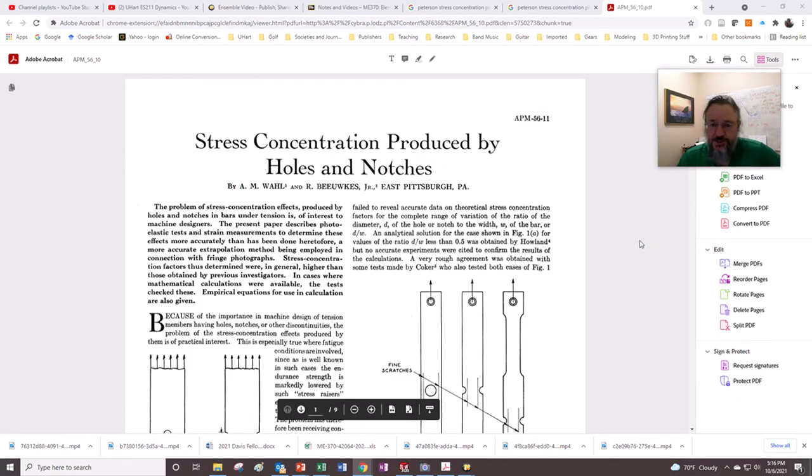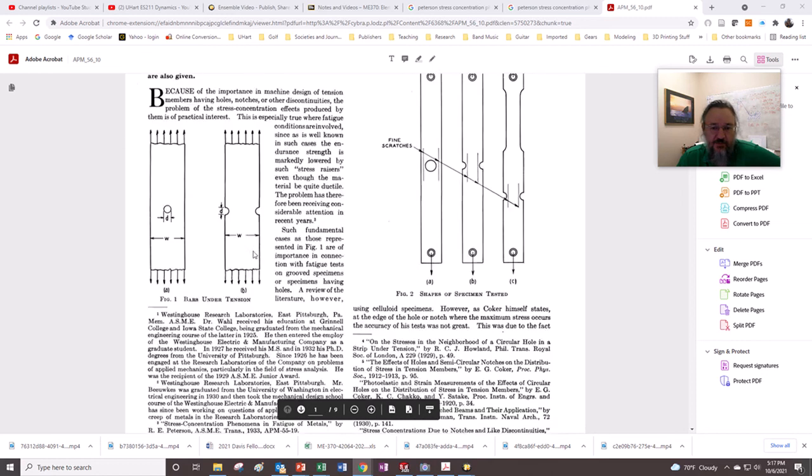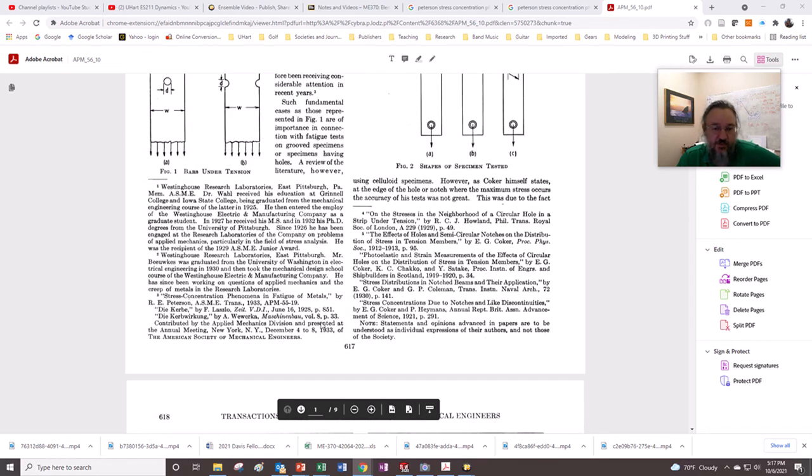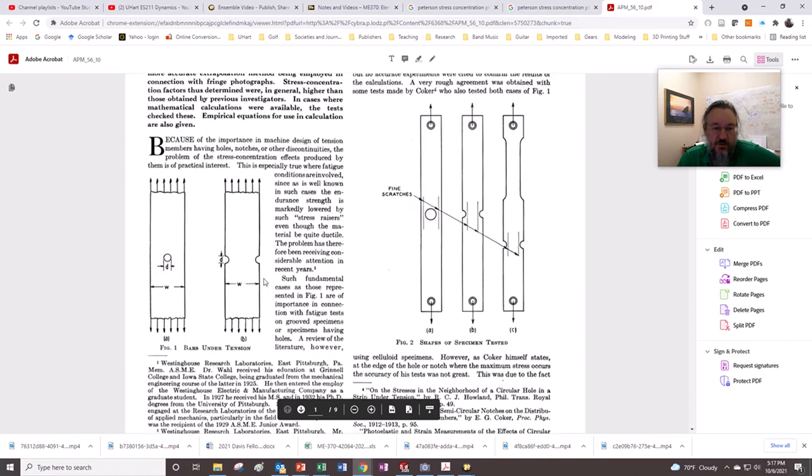I didn't find videos on this, but I did find a paper that might have been the seminal paper. According to Google Scholar, it should be 1930, but I see some of the references in this are from later, from 1933, so I'm not quite sure.